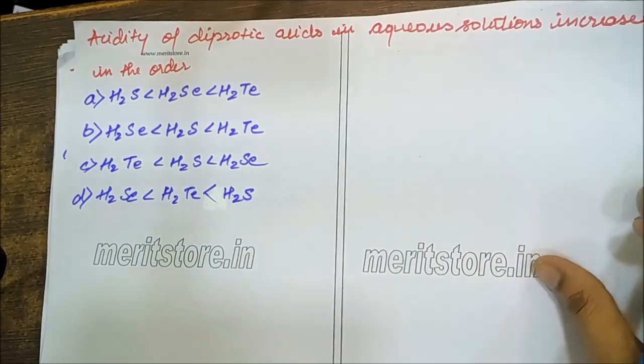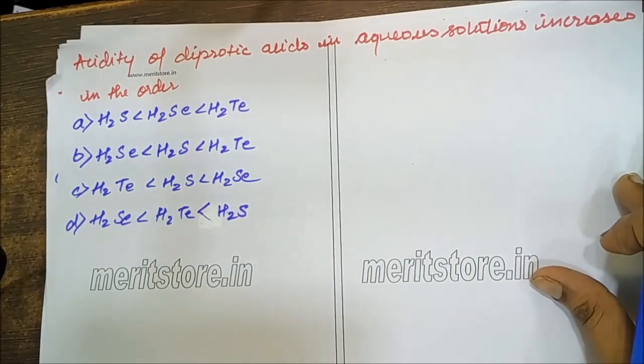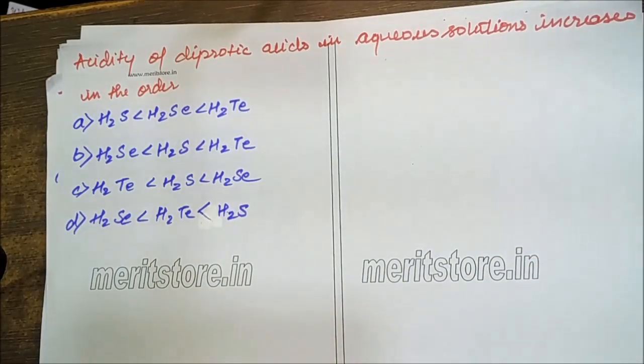Now next question says the acidity of the diprotic acid in aqueous solution increases in the order. Okay, increases in the order. Now for here you will have to remember a concept of bond length. See, greater the bond length, the lesser will be the pull to lose electrons.